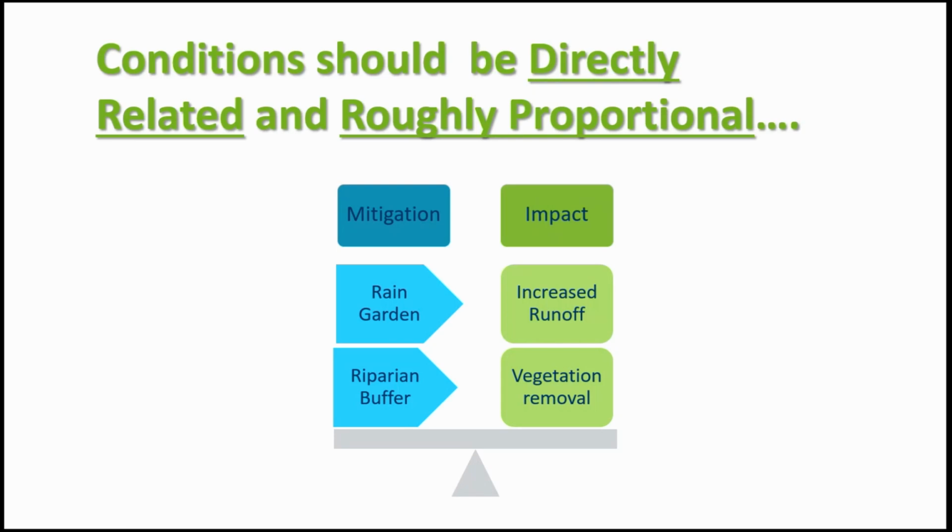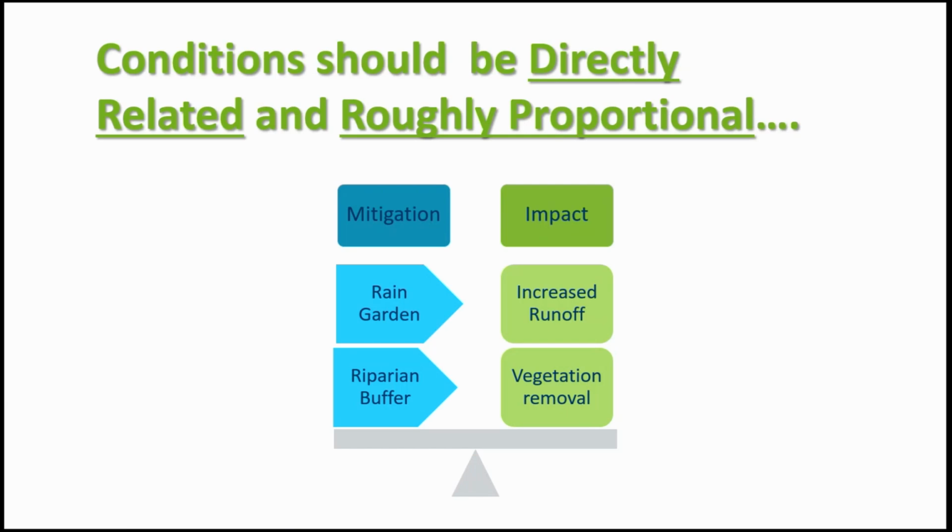And so these two concepts, directly related and roughly proportional, come from two key Supreme Court cases. Directly related is also known as the essential nexus case, and it comes from the Nollan versus California Coastal Commission case. And the rough proportionality idea comes from the Dolan versus the City of Tigard case.